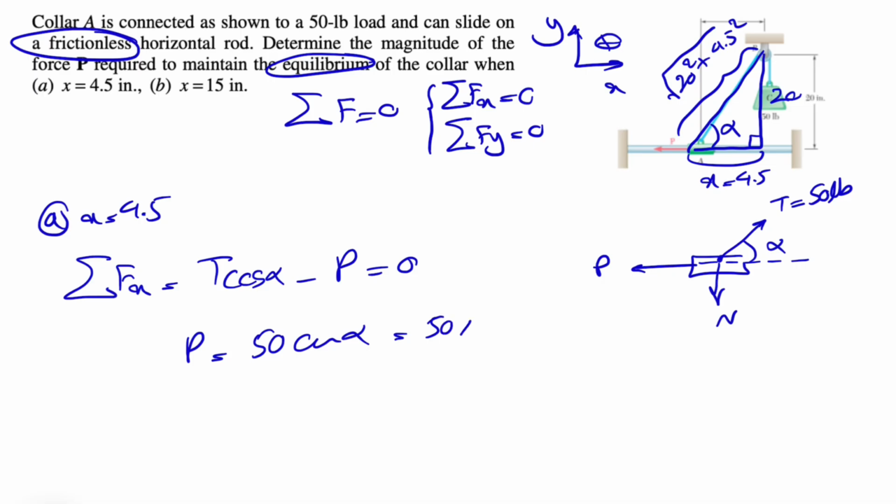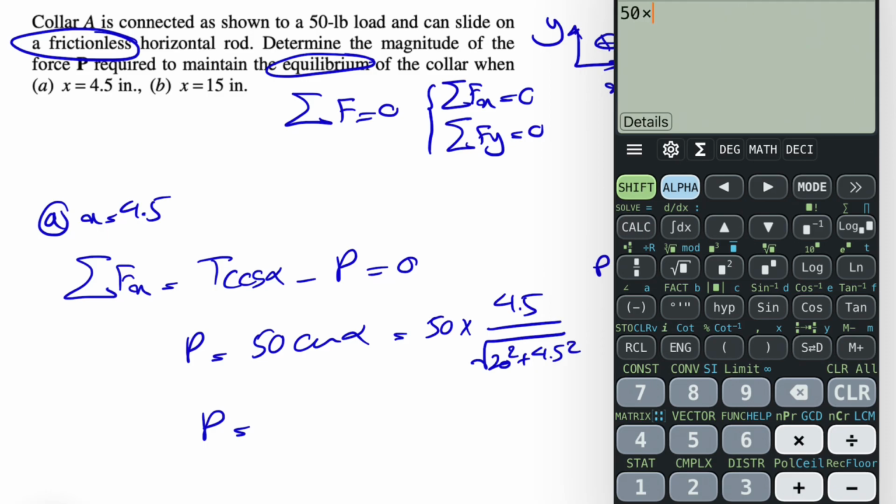So we're going to have 50 times cosine, which is adjacent over hypotenuse. And we can find our P in here: 50 times 4.5 divided by the square root of 20 squared plus 4.5 squared.